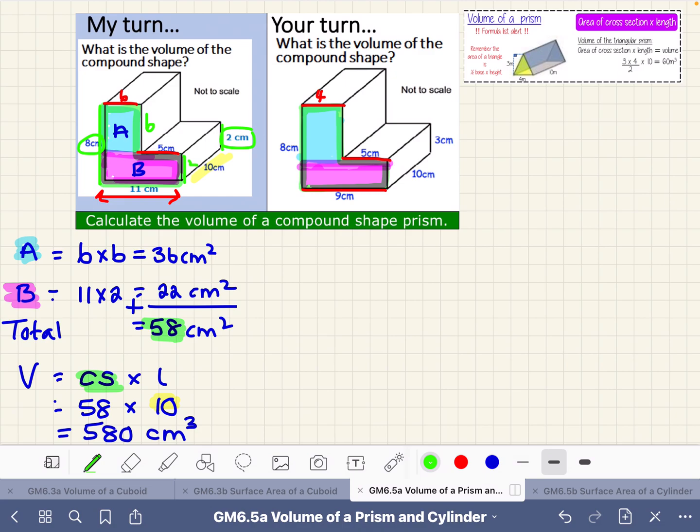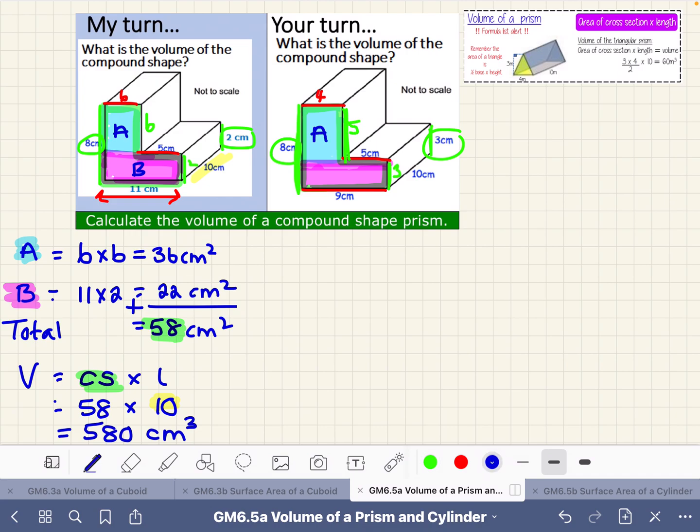Next, looking at the vertical heights, in total I have a vertical height here of 8. Part of that is 3, as that matches up there, which means my leftover distance here would be 8 take away this 3 to give me 5.